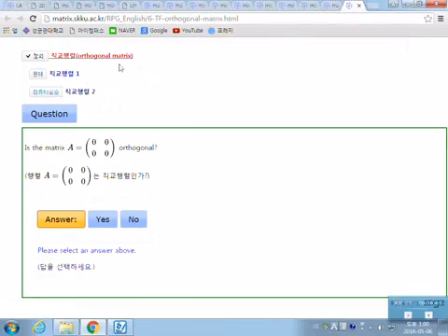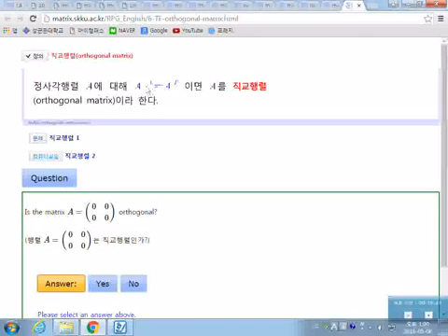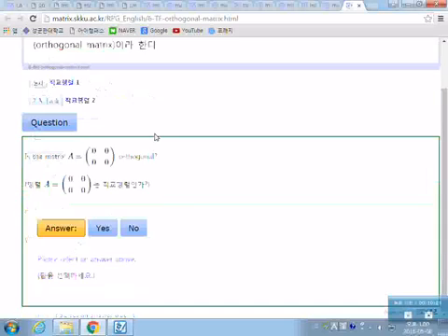And also here is the orthogonal matrix. The definition is: if A inverse equals A transpose, then we can say this is an orthogonal matrix.